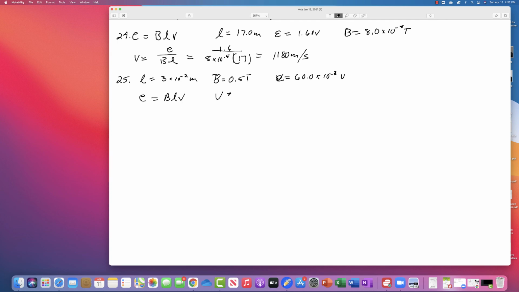So V is going to equal E over BL, which is equal to 600 times 10 to the minus 3 divided by 0.5 times 3 times 10 to the minus 2. And if you do the math on this one, you get 4 meters per second.